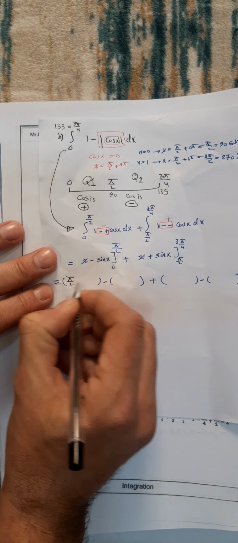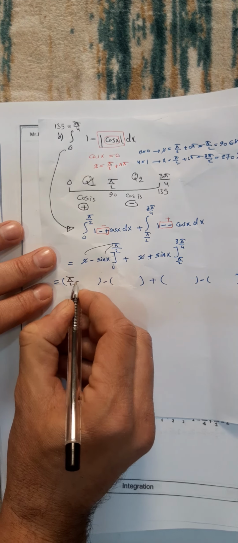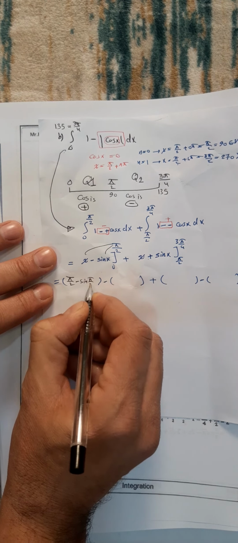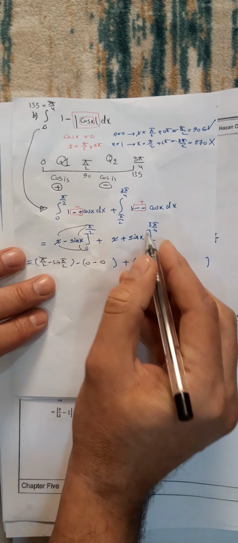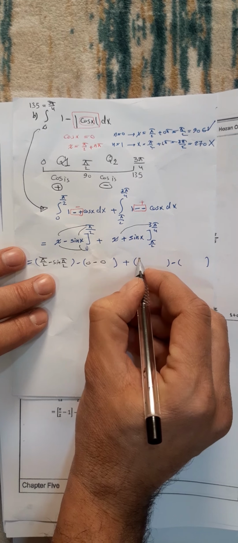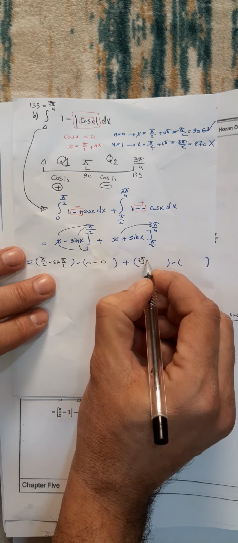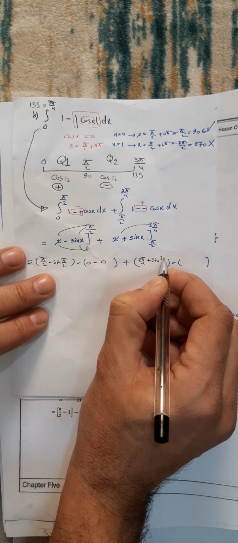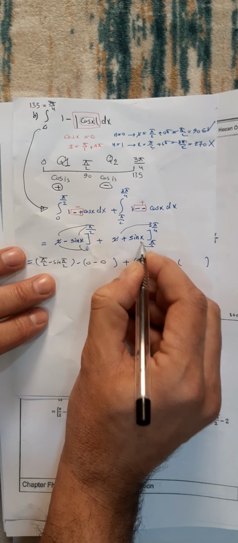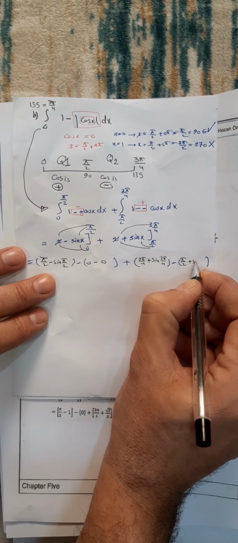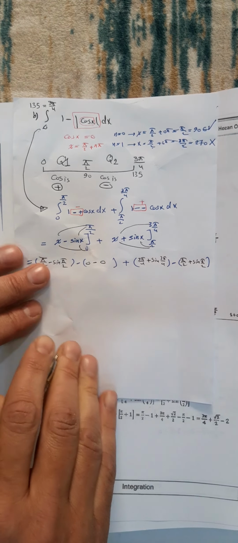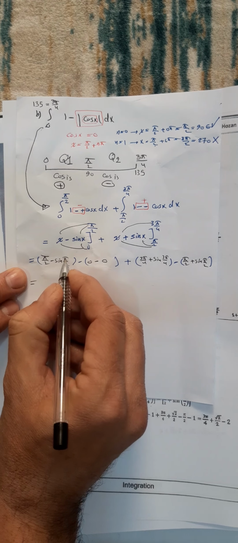Plugging in: pi over 2 minus sine pi over 2, minus 0 minus sine 0, plus 3 pi over 4 plus sine 3 pi over 4, minus pi over 2 plus sine pi over 2. Sine pi over 2 is 1.